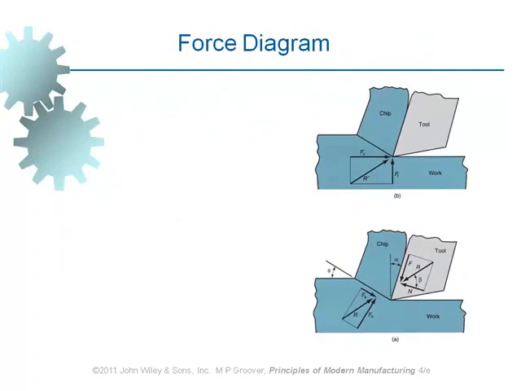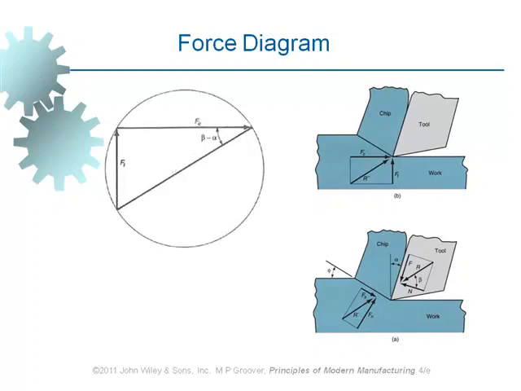Are we familiar with vectors? I think we are, right? If we connect these vectors, Ft and Fc, and this is the resultant force of the two in this triangle, we make use of these three corners in order to draw a circle, just like that.